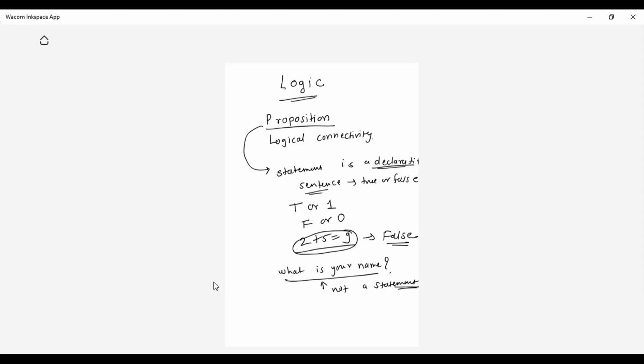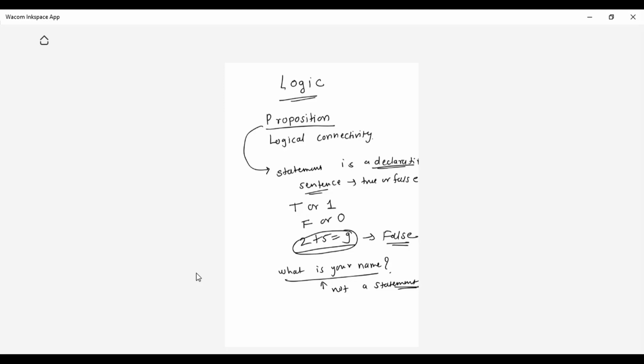So this is how you are going to analyze whether the given sentence is a statement or not, whether it is a proposition or not. A proposition is a statement which contains a declarative sentence giving the value true or false.